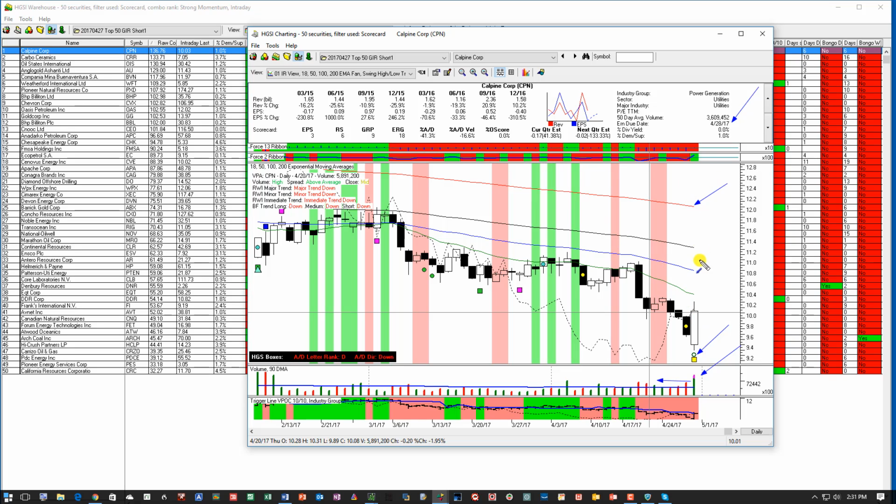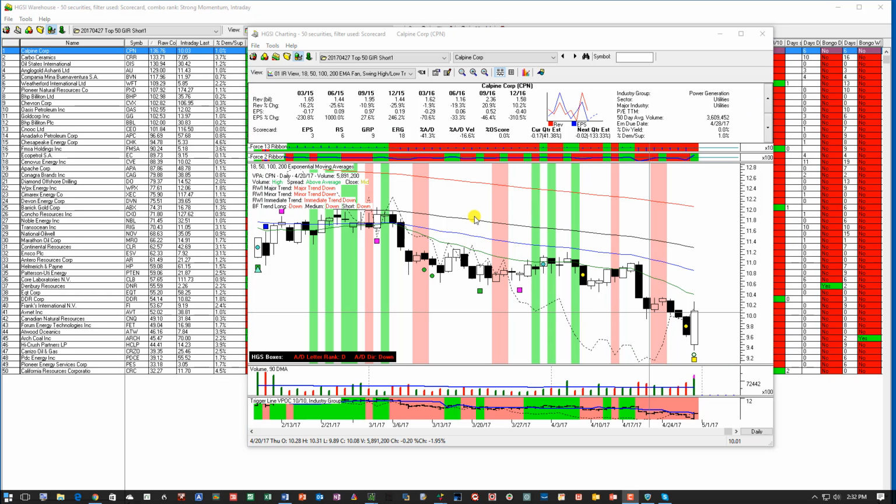There is clearly a downtrend here. Let's look at these numbers. The EPS rank before today was a 3. The relative strength rank was a 6. The group rank was a 9. And you can see the group has been poor, but it's bouncing. It bounced yesterday, and it looks like it's bouncing a little bit today.